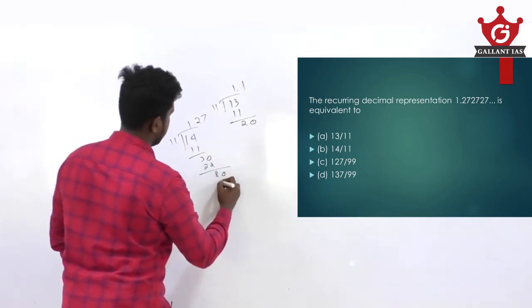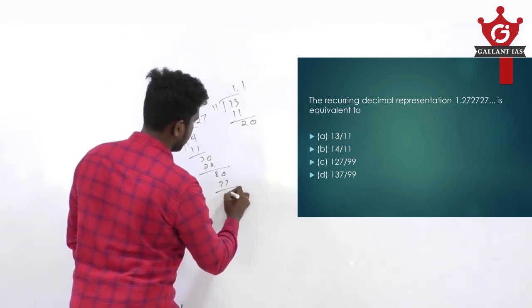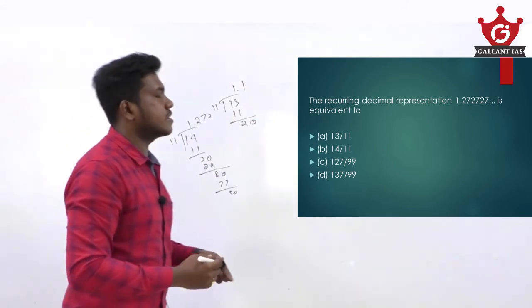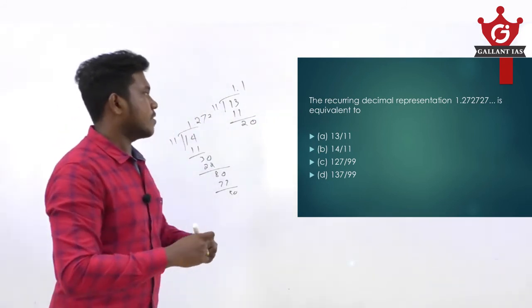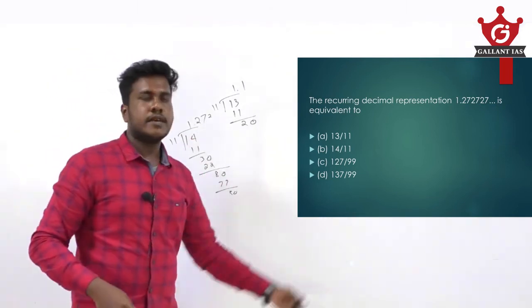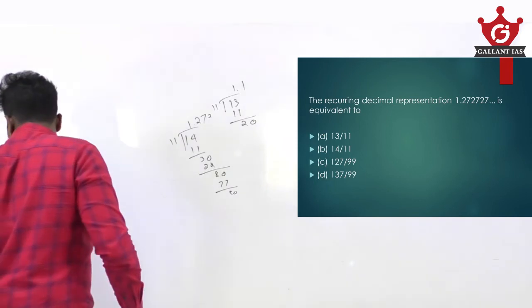Yeah, I think it is. It's answer option B. That is 14 by 11 is your answer. On simplifying 14 by 11, you will be getting 1.272727. So our answer is B, 14 by 11. It's a very simple question.